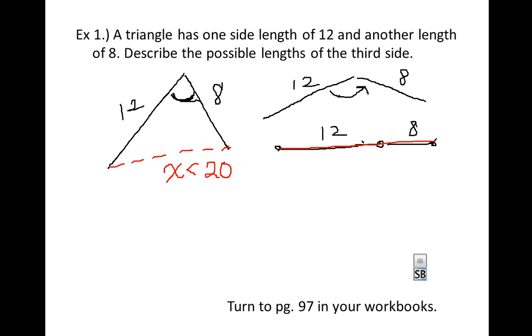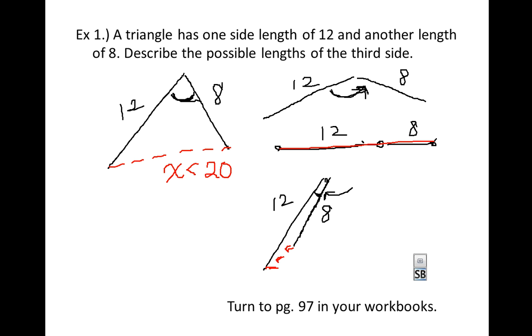What if, instead of taking the angle out this way, I brought the angle in more? So here's that side length of 12, and let's say I made it into a small acute angle. Remember, this is 8. This angle right here just became smaller, like I brought it in. Do you see how this third side becomes smaller and smaller?